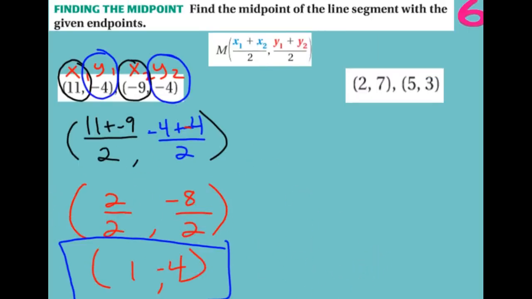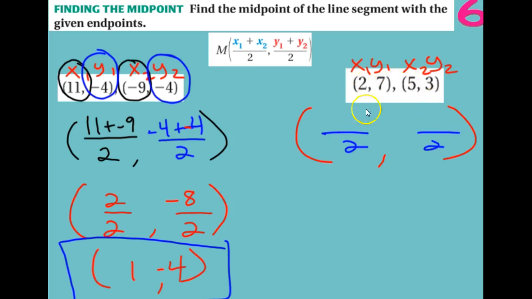Let's try one more. So here we have x1, y1, that's my first point, x2, y2, that's my second point. And we're going to plug them in and find the average. So that's why we're dividing by 2, because we have two points. Add up the x's and divide by 2, add up the y's and divide by 2. So my x's, we have 2 plus 5, and my y's, we have 7 plus 3.